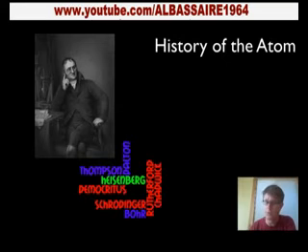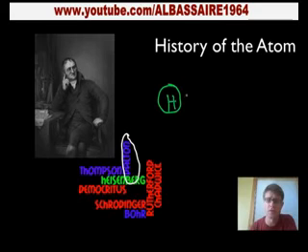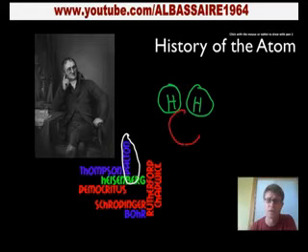Then we fast forward quite a bit. This right here is John Dalton, and John Dalton was doing studies, measuring the mass of things, and he came up with our modern atomic theory. He knew that for hydrogen, for example, there would be 2 hydrogens for every one oxygen.